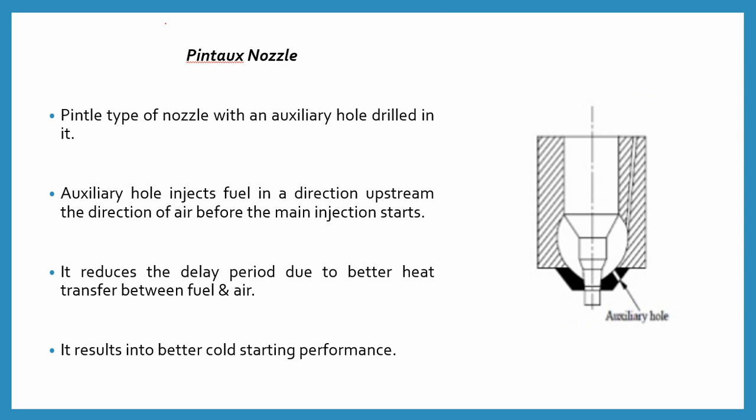This nozzle results in better cold starting performance. Students, when we are talking about cold starting performance, for that climatic area, if we use this type of nozzle, it will be easy to start the engine very quickly. Here is the picture of this nozzle, where this portion is the auxiliary hole.